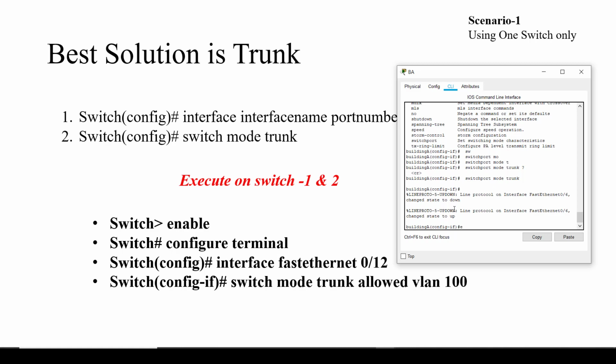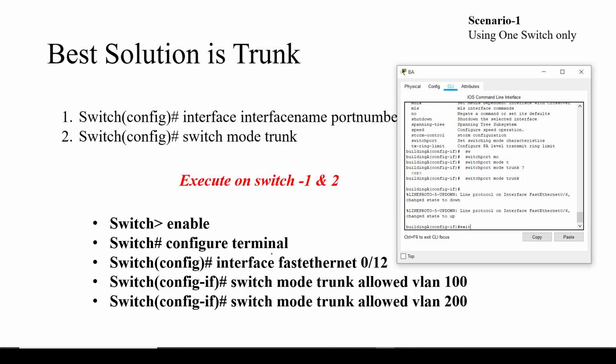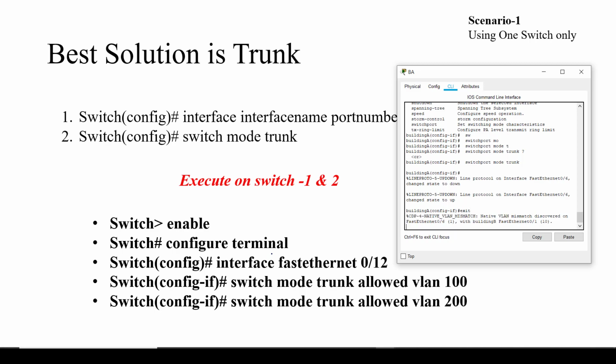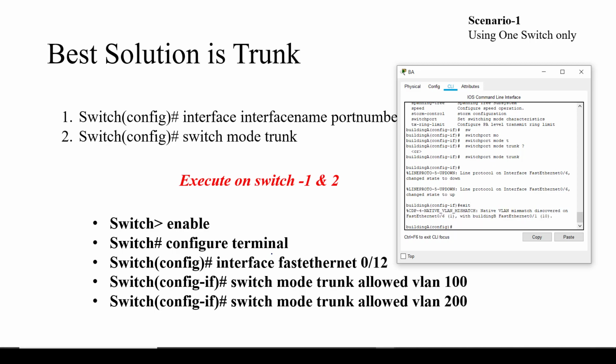Okay, now let's go. The same thing, you have to add all the VLANs over here, right? So first of all, on this specific port, you have to type VLAN 10.